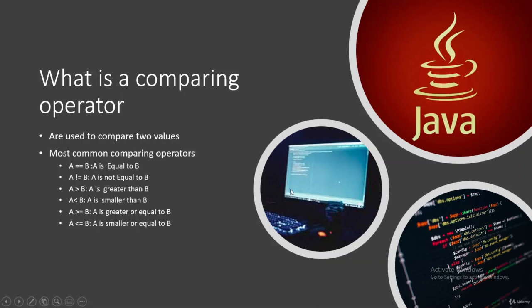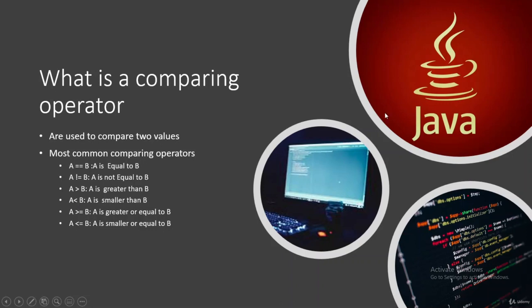If it's not true, we are going to have a true or false value. Those signs right there are pretty simple: greater than and smaller than. Those also enter into the comparing operators. If you want to know if A is greater than B, you simply write down this sign. And if you want to know if A is smaller than B, you write down this sign right there.